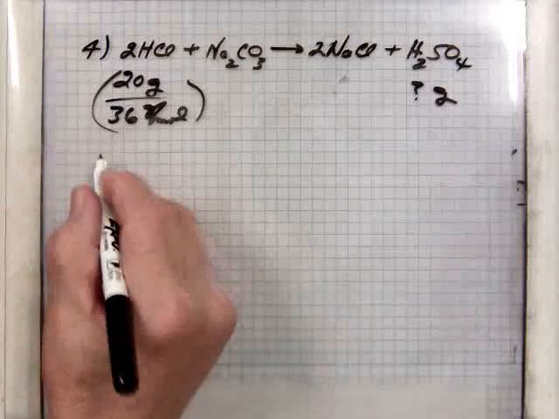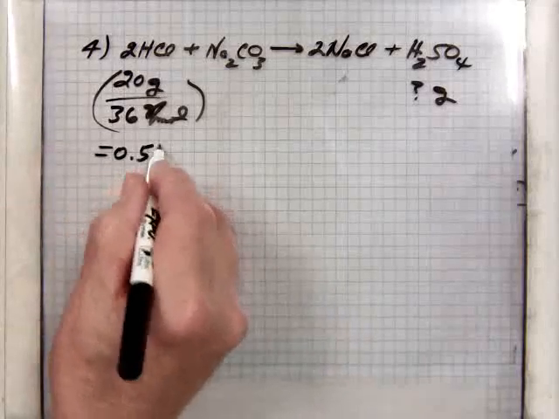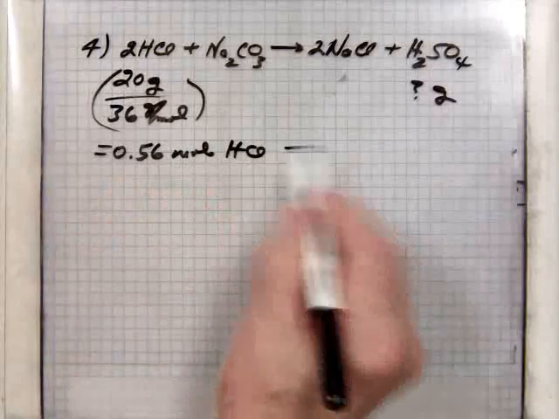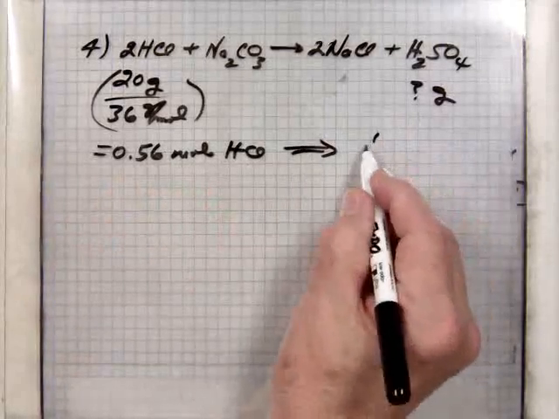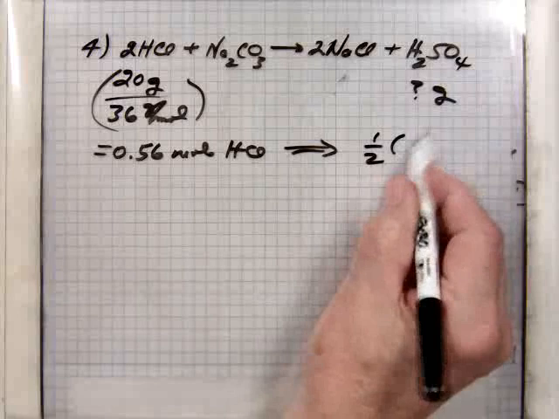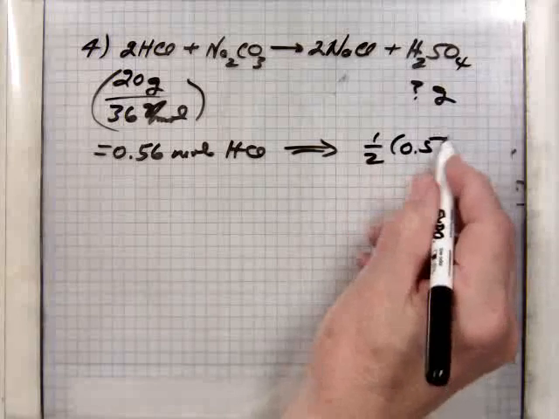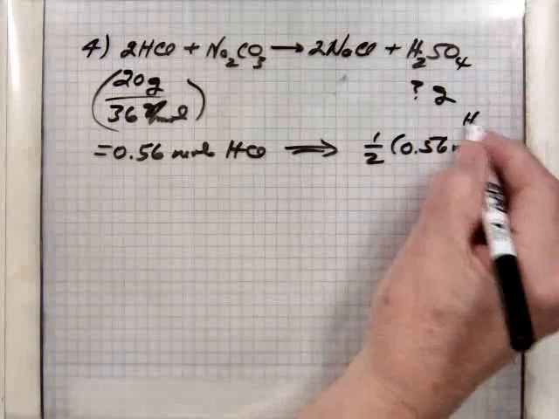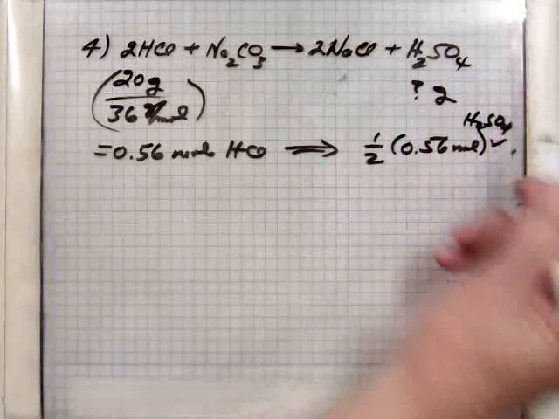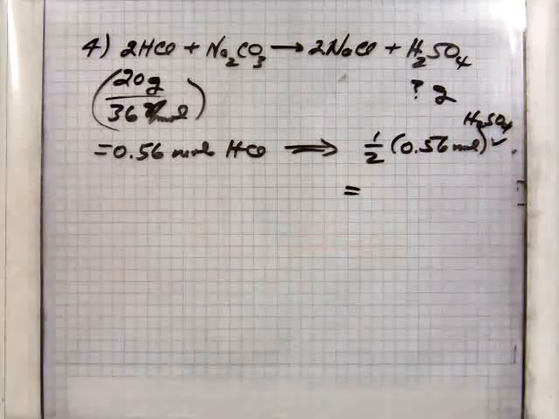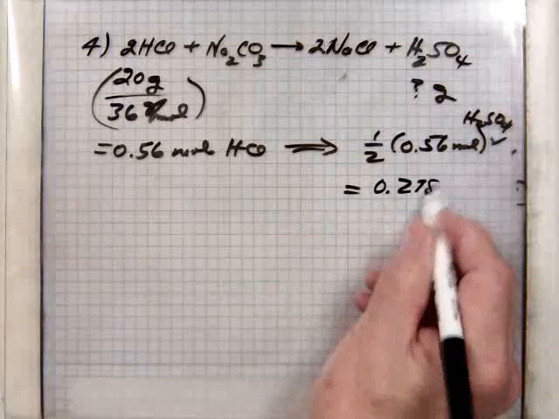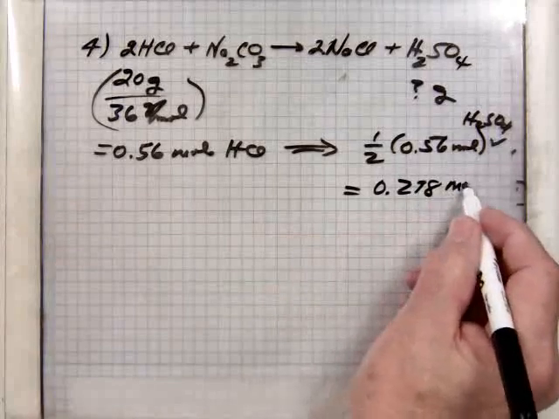That's 0.56 mole HCl, and so that will give you 1/2 of the 0.56 mole of the H2SO4 right there. And then it will be 0.278 mole.